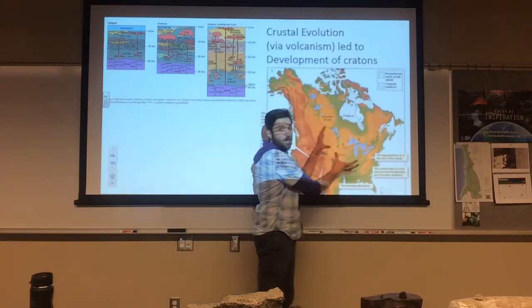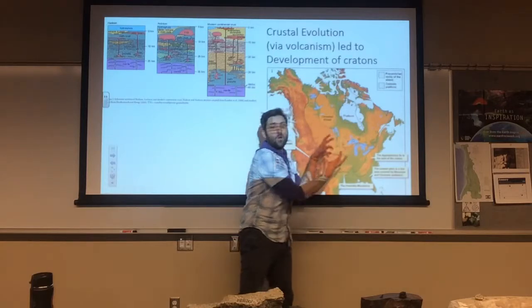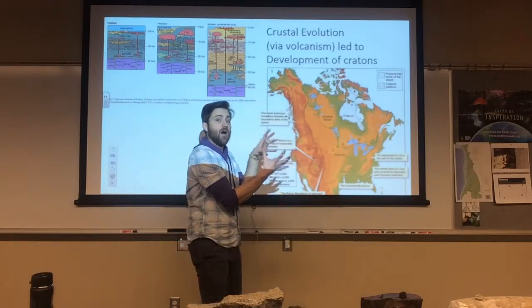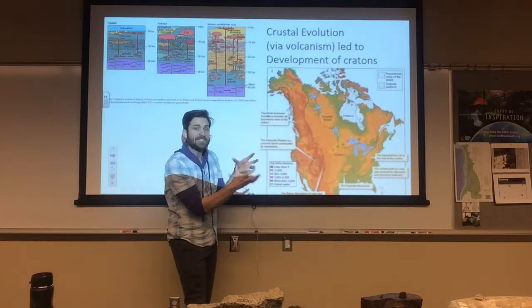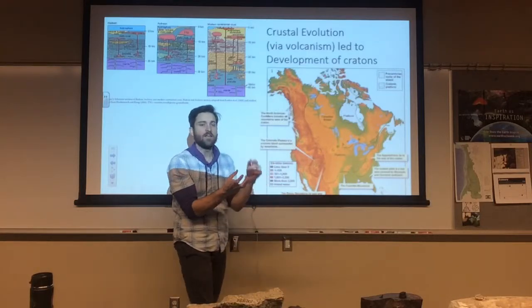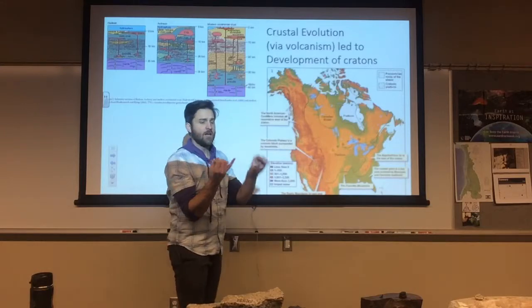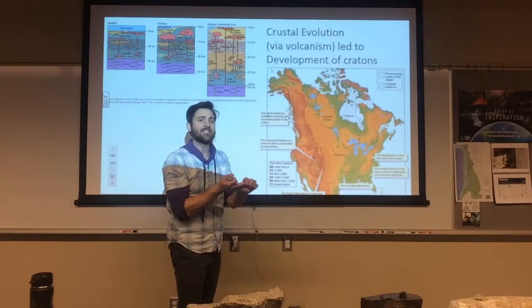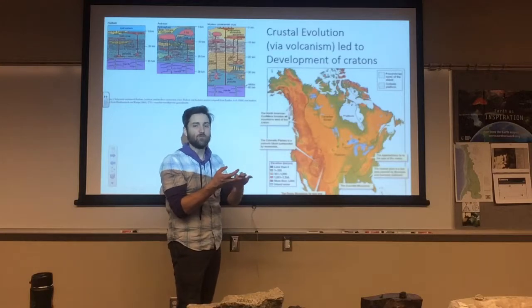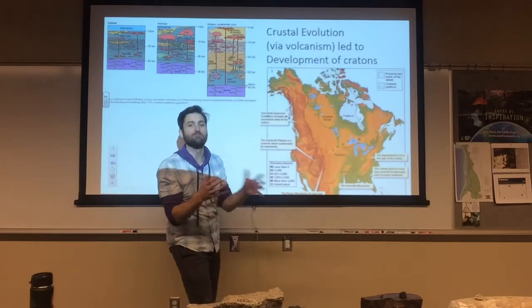Now that craton is the undeformed core of North America, and by undeformed, it hasn't really undergone mountain building, major faulting, or volcanism in the last billion years. Well, maybe once in the last billion years.